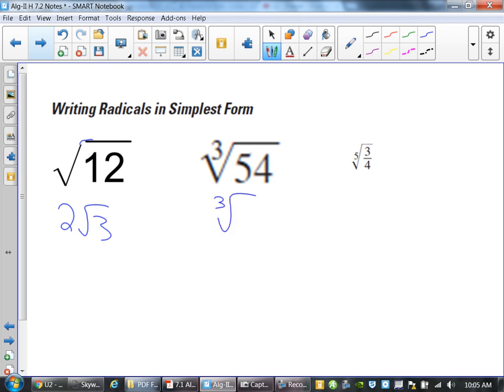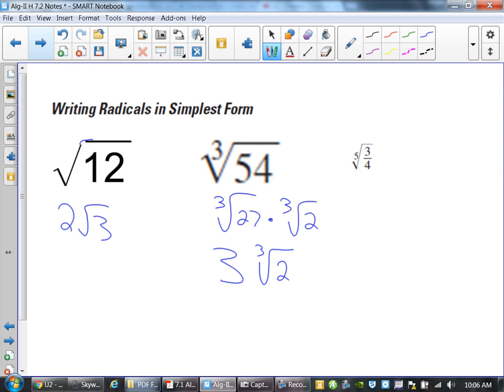It's the cube root of 27 times the cube root of 2. But what's the cube root of 27? 3. So my final answer would be 3 cube root 2. Okay. You're simplifying the radical, in this case an nth root, by looking for a perfect nth value. Okay.